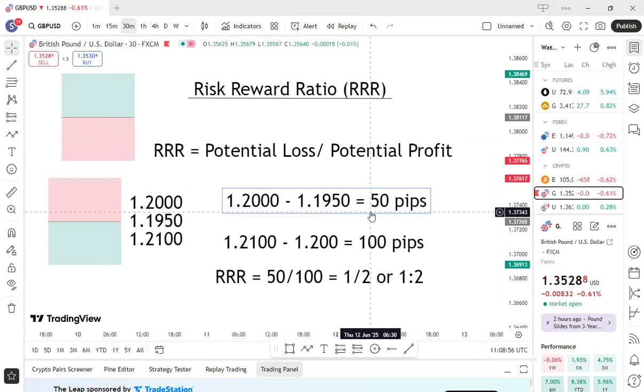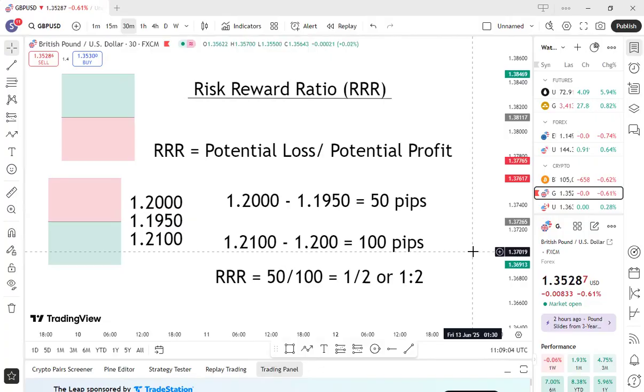I'll be diving in more by telling you why risk reward ratio matters. Why are we considering it before taking a trade?